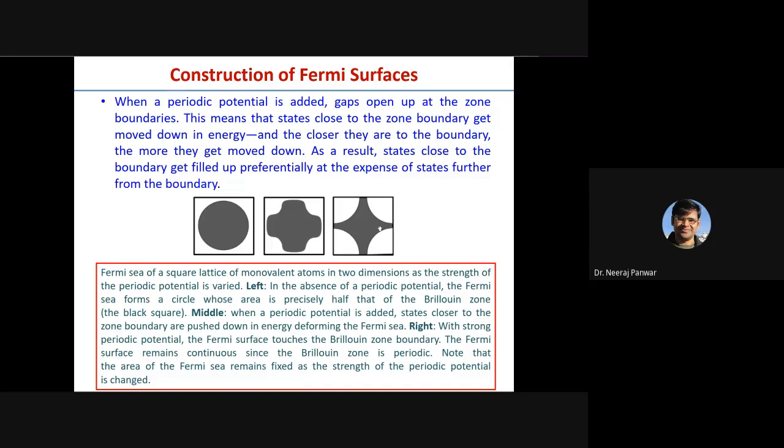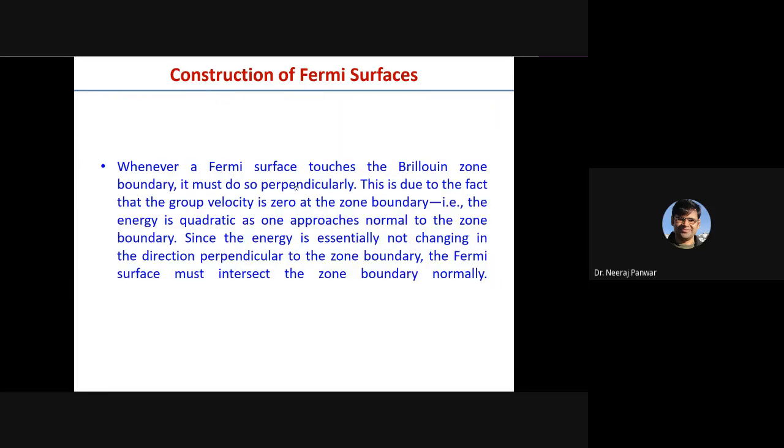The zone boundary is like this, and the Fermi surface is moving in the perpendicular direction. So it will bisect the Fermi surface in the perpendicular direction. Whenever a Fermi surface touches the Brillouin zone boundary, it must do so perpendicularly. That statement we have already understood.